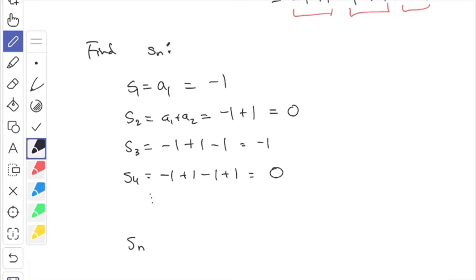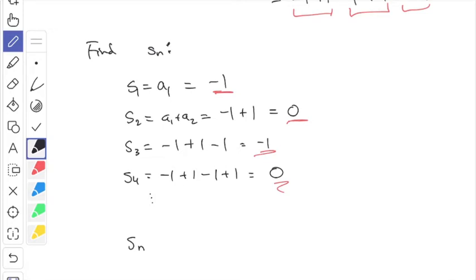This is not really something you can write in a nice formula, but anyone want to try and describe the pattern in words? I'm looking at these answers here. Well, it's a pattern of zeros and ones, or negative ones. Yeah, zeros and negative ones.